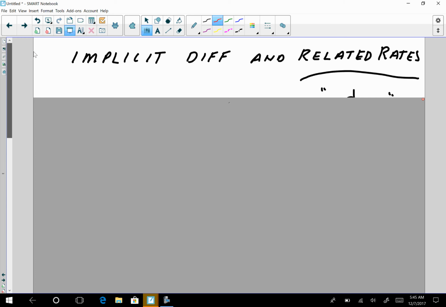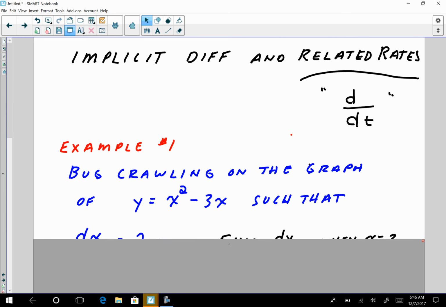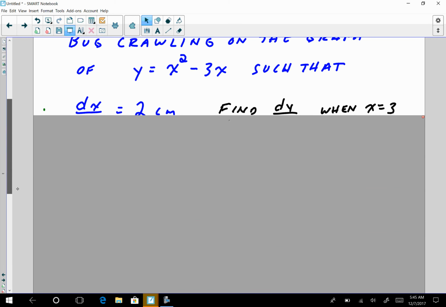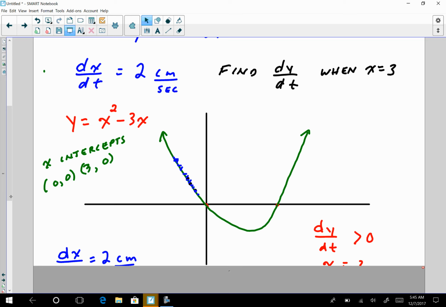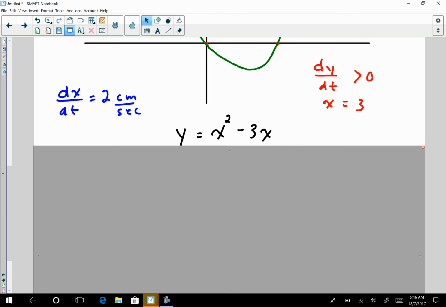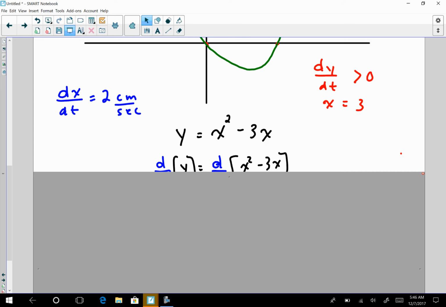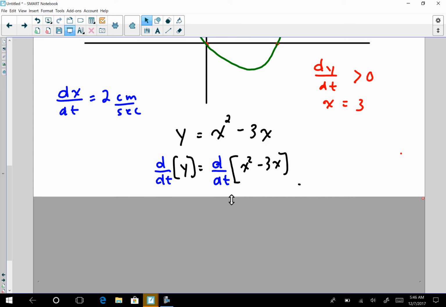Cover it up, that way I can pull it down as we go. Same problem, and here we're going to get into some analytical work, down towards the bottom. In order to get dy/dt, I'm going to need to d/dt it. So that is why I choose the operator d/dt.